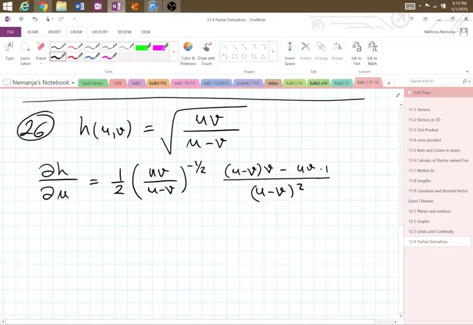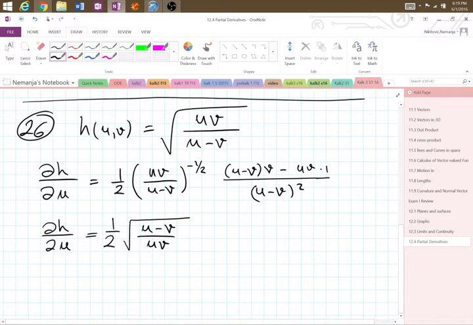Now, we can try and simplify this a little bit. So partial derivative of h with respect to u is 1/2. Now you see the negative sign. Negative sign in exponent flips the fraction. So I can write this as u minus v over uv. That takes care of the negative, and the 1/2 is the fact that I have a square root there.